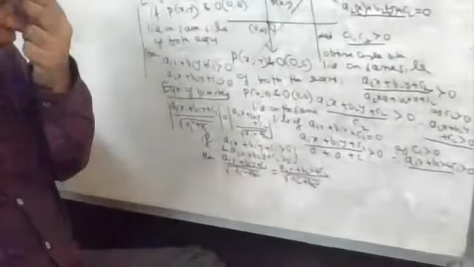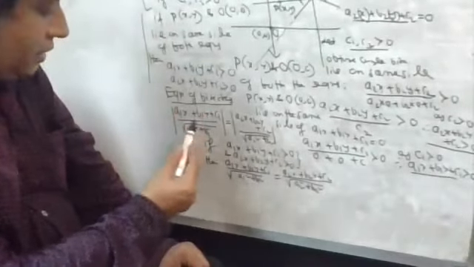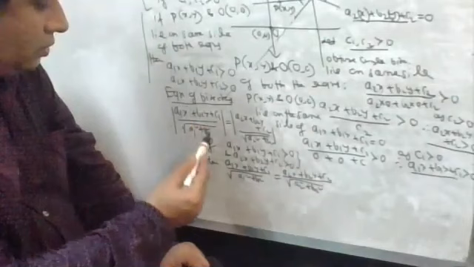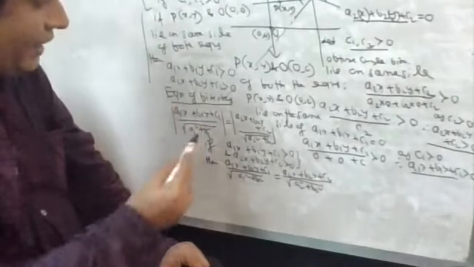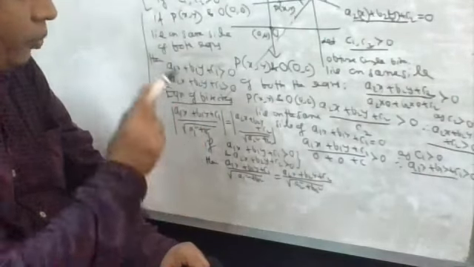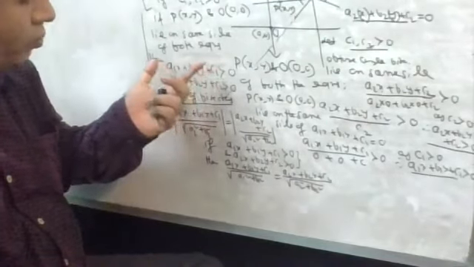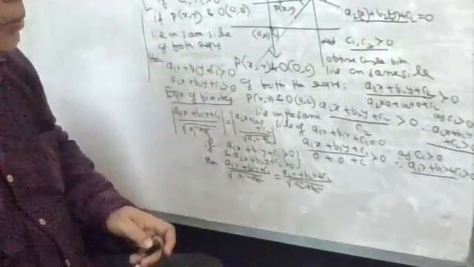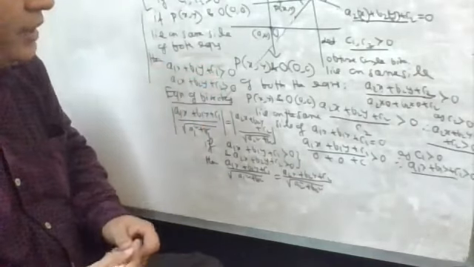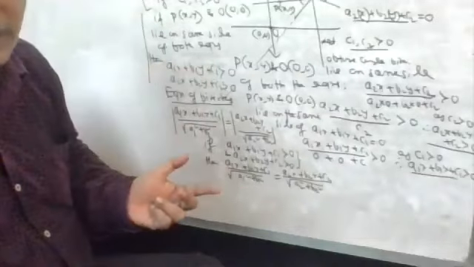Okay, and if both are negative, here we got both positive, now both negative means what? We get two conditions considering both negative.